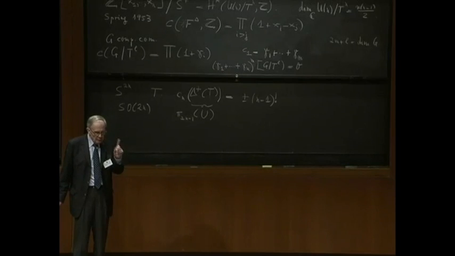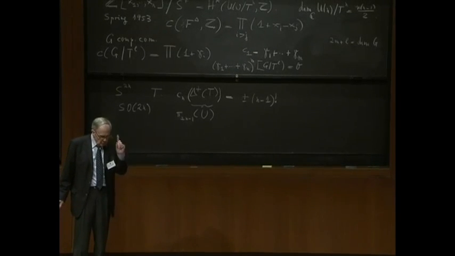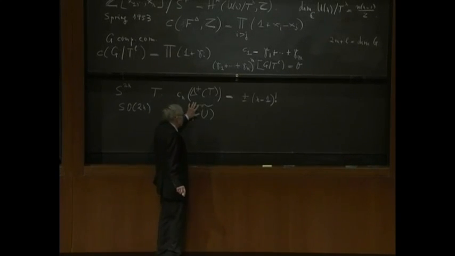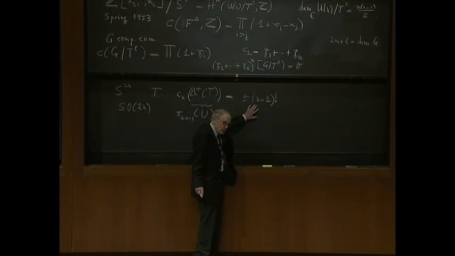We only knew it up to powers of 2. And here we had a vector bundle where the Chern class is exactly (n minus 1) factorial.